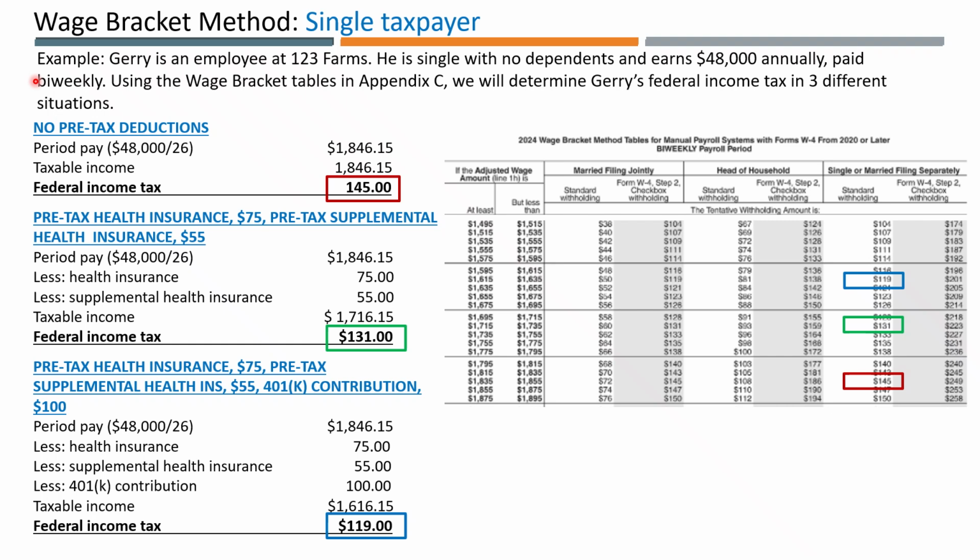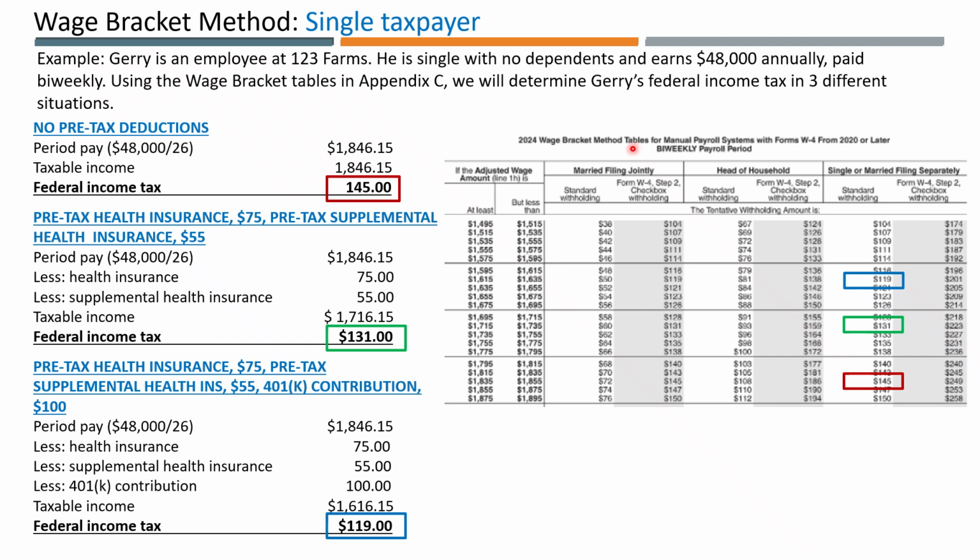First, we'll calculate the federal income tax withholding, assuming that Jerry has no pre-tax deductions by taking his annual pay, dividing it by 26 to get the gross wages per period, which is $1,846.15. We then go to Appendix C of your textbook or Publication 15T to find the biweekly payroll period for the wage bracket method.